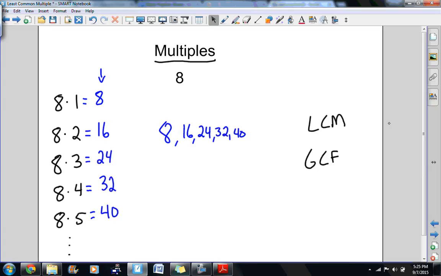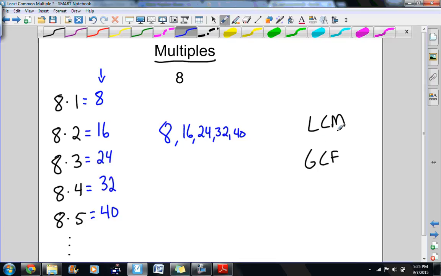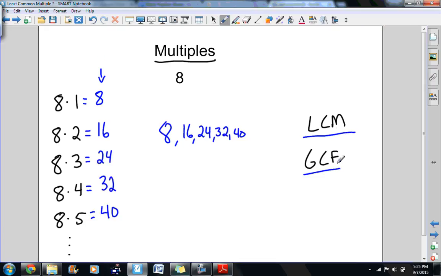And so when we're focusing on this, I want to really notice the difference. Students will frequently mix up least common multiple and greatest common factor because they sound very similar. But what I really want you to point out is the first letter and the last letter of each. Greatest common factor. Factors are things that divide into a number. We want the largest shared factor.